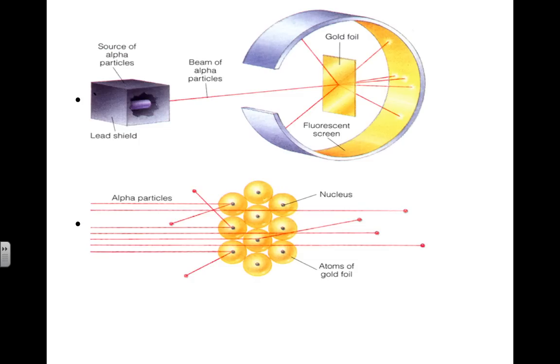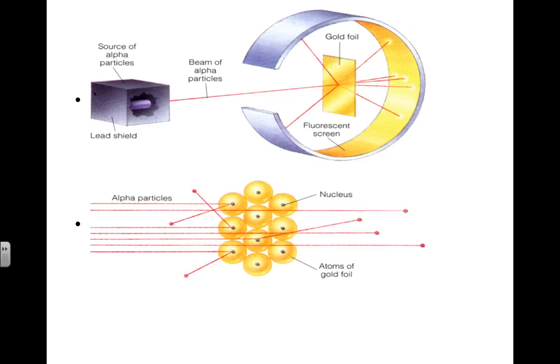So basically, what he created was a gun, and then he pointed that gun at gold, what they call gold leaf. The reason he used gold was you can pound gold into a very, very thin layer, to the point of it being as close at that time to a material that was one atom thick.